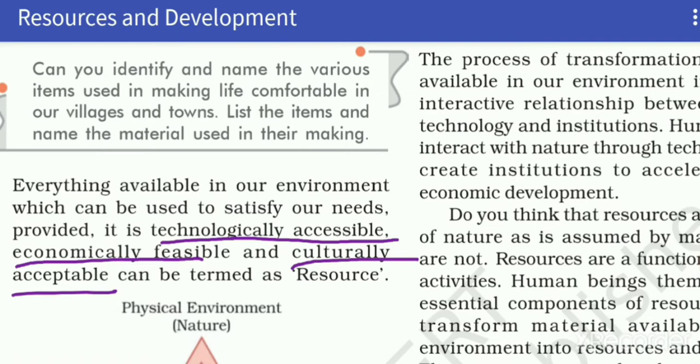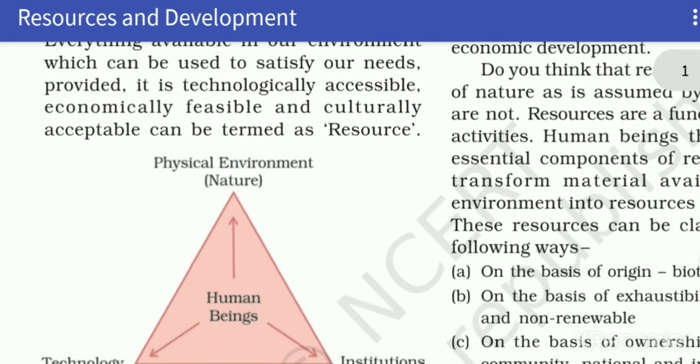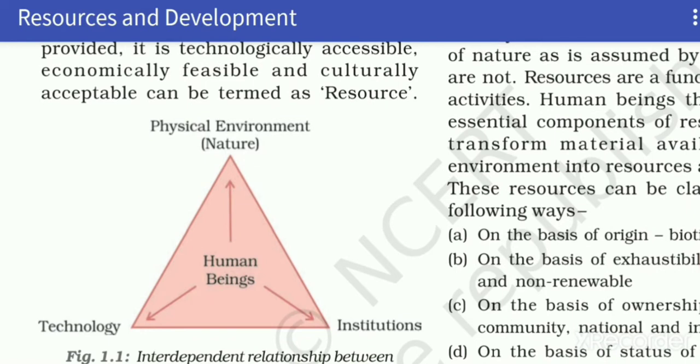Now let us understand the diagram. There is an interdependent relationship among nature, technology and institution to transform the things available in our environment.